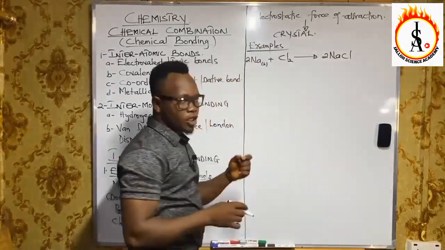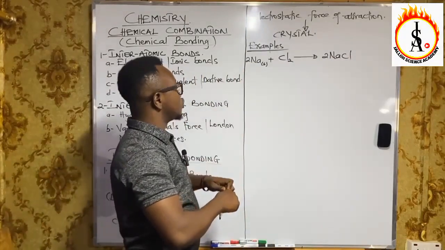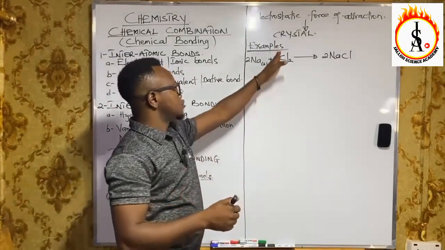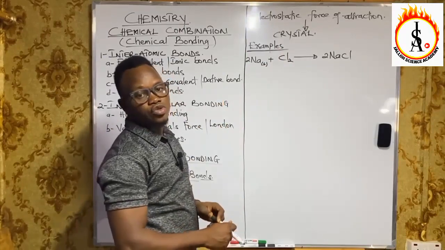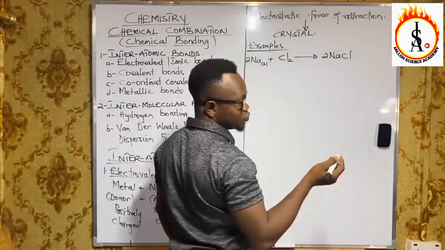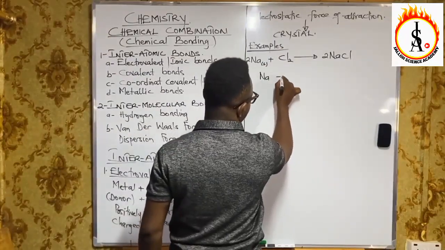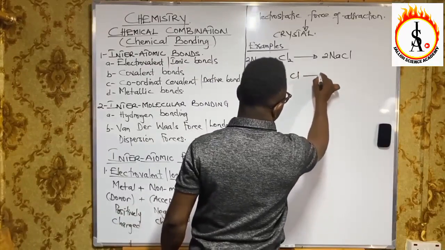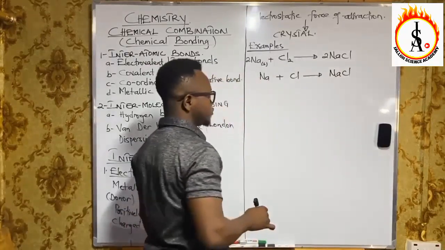So this tells us two atoms of sodium combining with one molecule of chlorine to give us two molecules of sodium chloride. But it is only one sodium atom that we're interested in. So we can write the equation like this: Na reacts with Cl to give us NaCl.